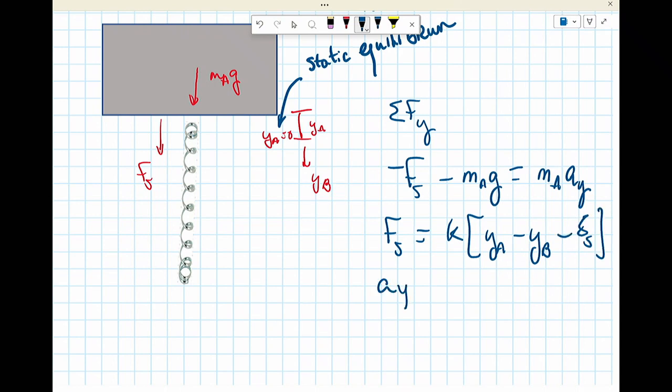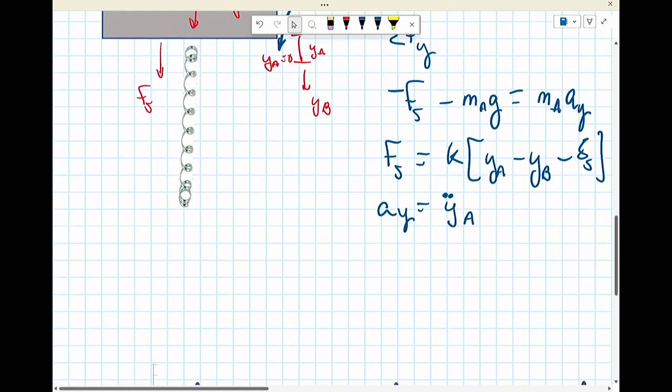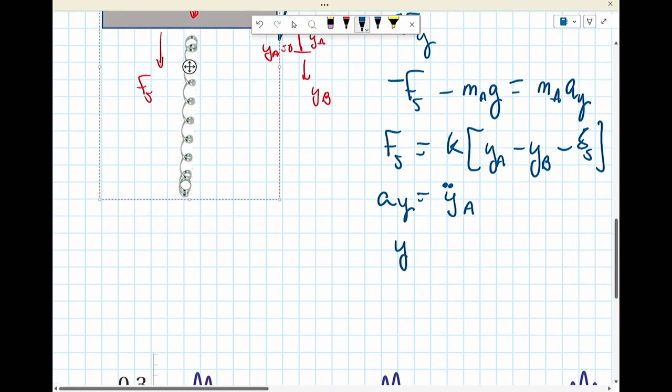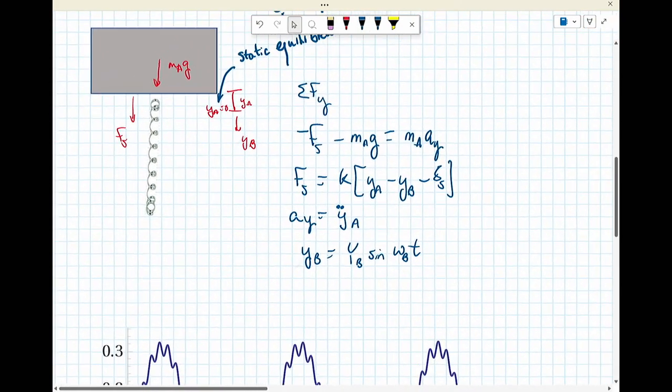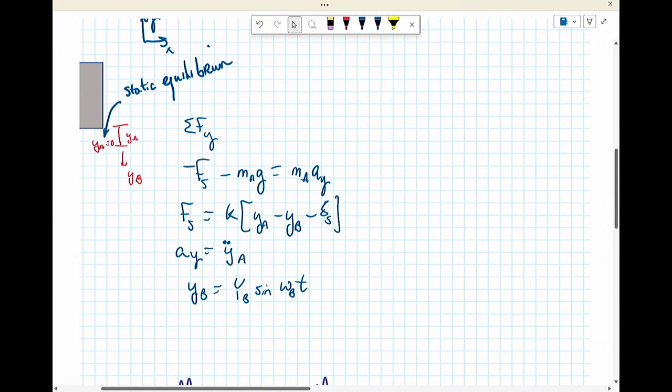Acceleration in y is equal to y double dot a, and I'm going to define y sub b, which is yb sine of omega b t. So the platform, you're told, is varying sinusoidally. It has a 5 millimeter oscillation, and so I have to consider that in my term y sub b because it's not sort of sticking around and doing nice things.